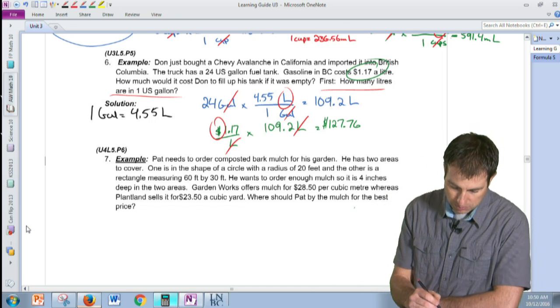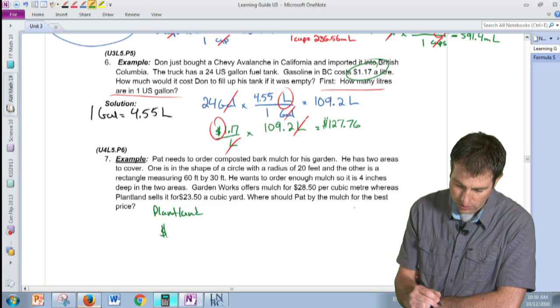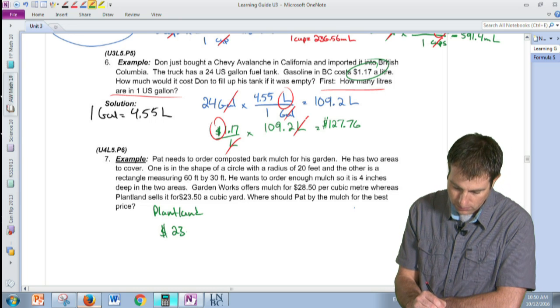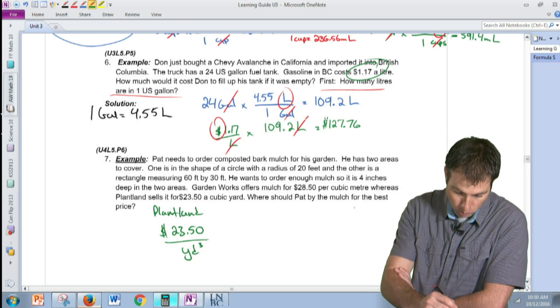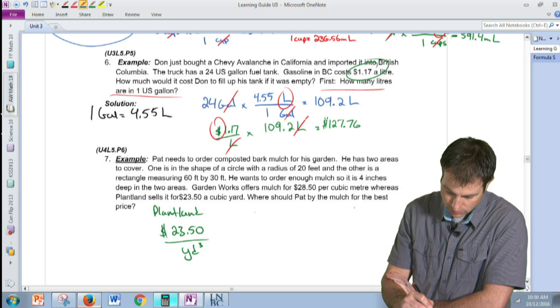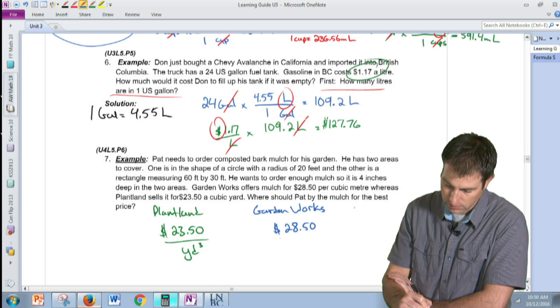So Plant Land is $23.50 per cubic yard. And Garden Works is $28.50 per meter cubed.